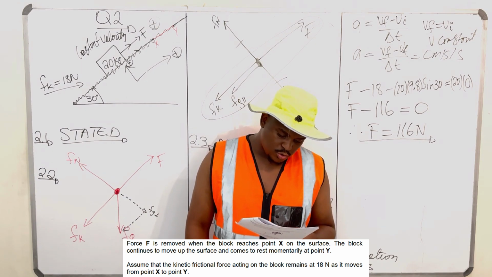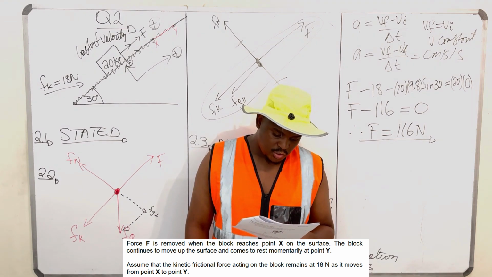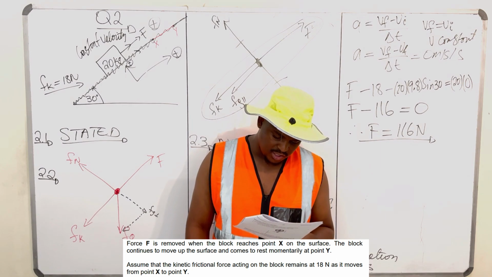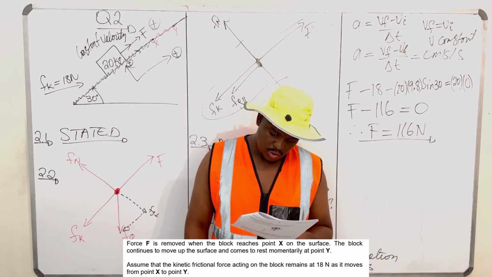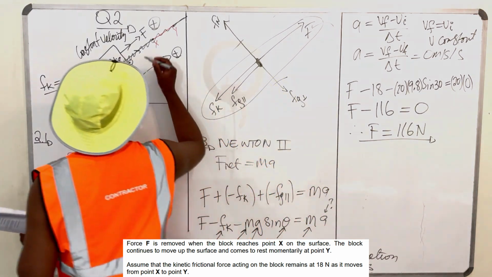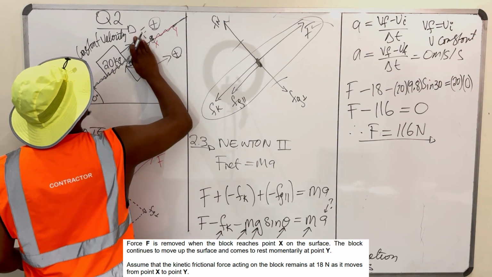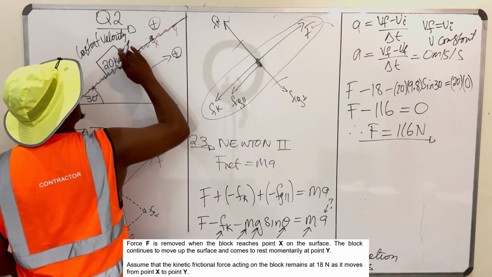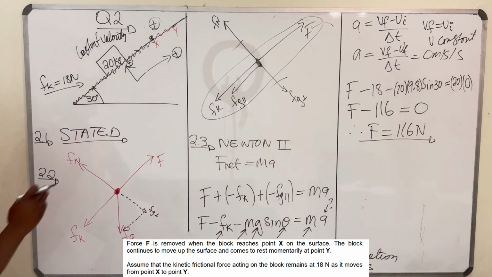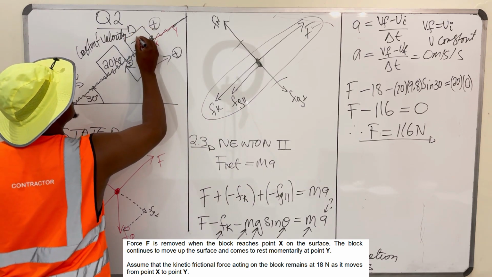The block continues to move up the slope and comes to rest momentarily at point Y. Assume that the kinetic frictional force acting on the block remains at 18 newtons as it moves from point X to point Y. So what they're telling us is that when the block got to point X, the applied force was removed. So there was no applied force, but the block still continued up the slope.